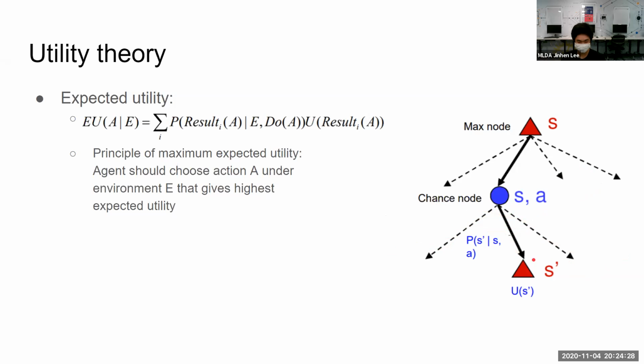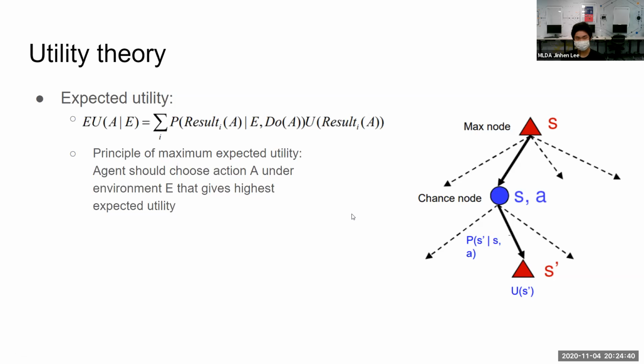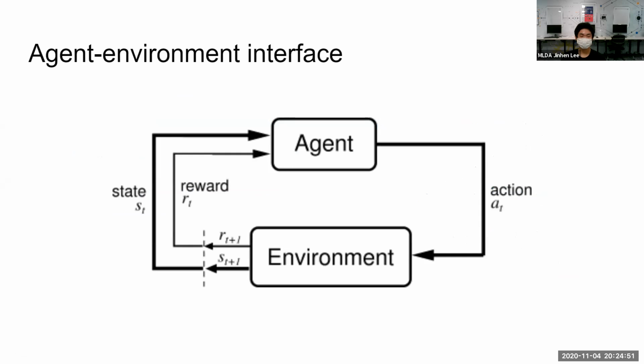From the principle of maximum expected utility, your agent should choose the action A under the environment E that gives the highest expected utility. The environment itself defines how the agent interacts with it, and we have an agent-environment interface which describes this.